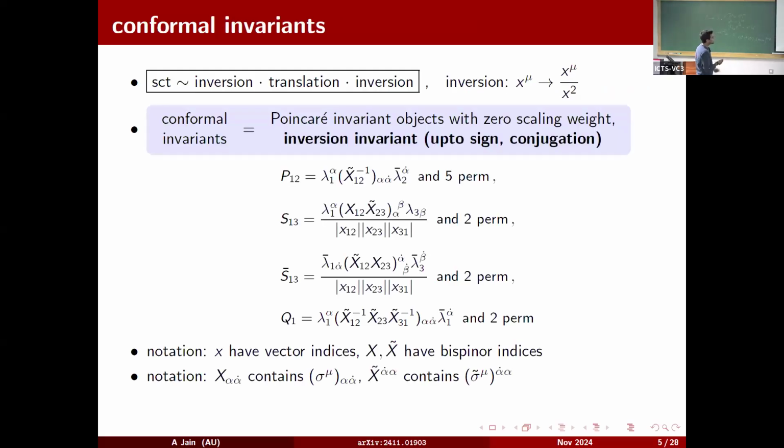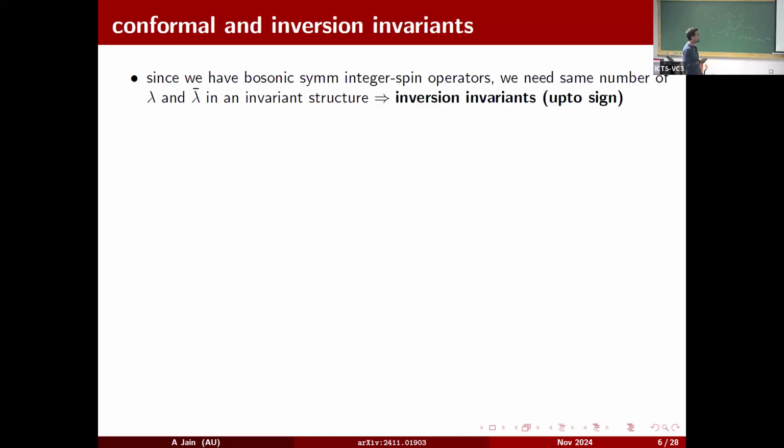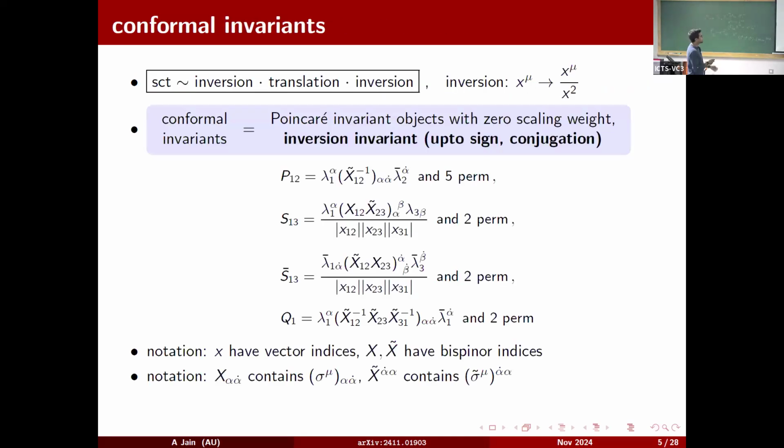And if that is the case, I can actually not work with conjugation. I cannot have things which under inversion go to their conjugates. I'll have inversion invariance only up to a sign, so I'll have to drop the conjugation part. It's easy to do this because we can just multiply them with their conjugates.